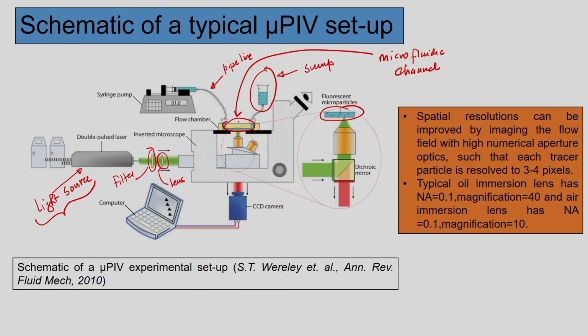Now when the dichroic mirror allows light of a certain wavelength to fall on the seeding particle, the light will be reflected by the particle, and that will again be taken by the dichroic mirror, and the mirror will allow that particular light to pass, and it will be taken by a CCD camera, that is shown over here, and the camera will capture images at different frames, and the captured images will then be taken for further post processing using a cross correlation algorithm to quantify the flow velocity.